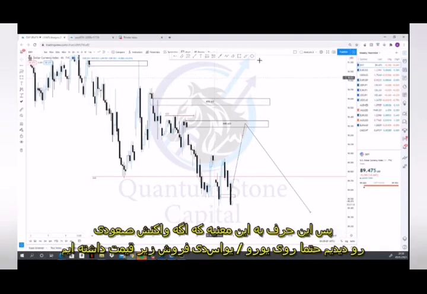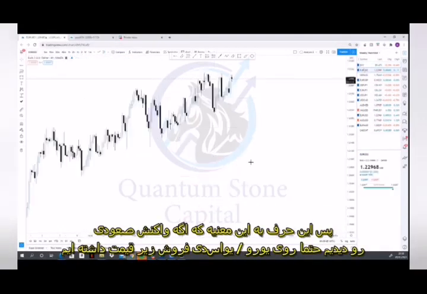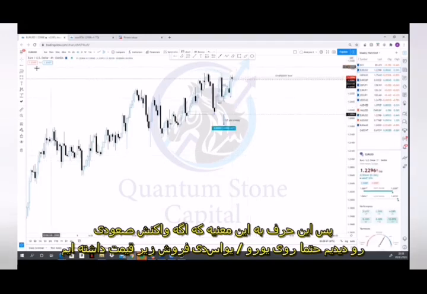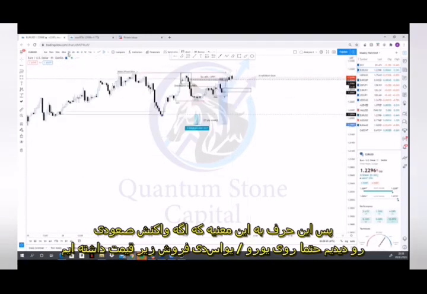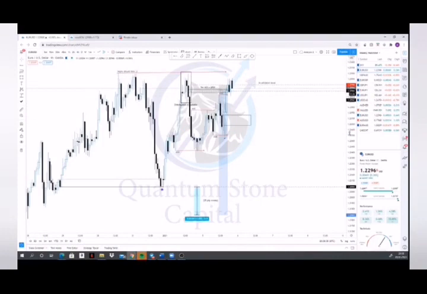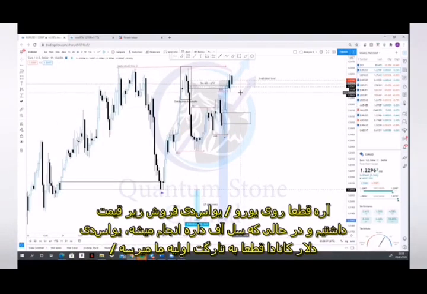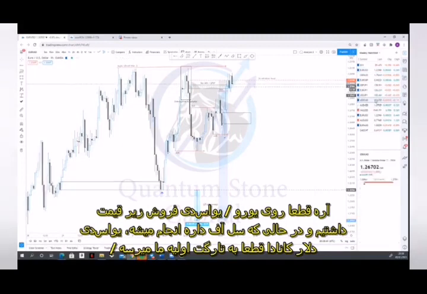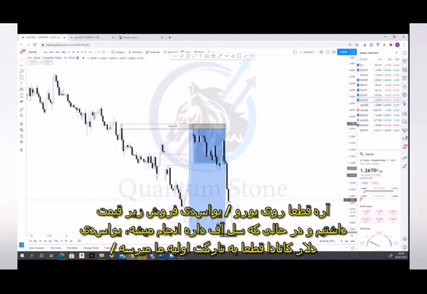If we had seen the bullish reaction, we would have caught the sell-off on EUR/USD, and while the sell-off was happening, USD/CAD would have hit our initial target.